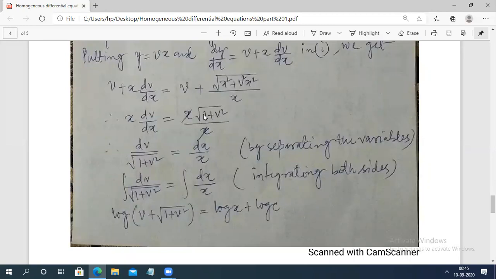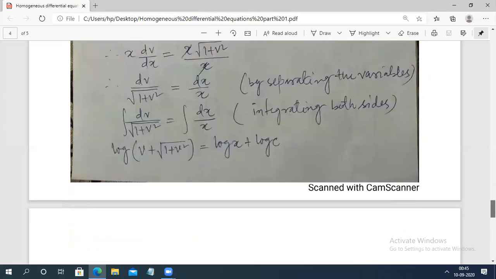So write this root over 1 plus v square in the denominator along with dv, and this x in the denominator along with dx. After separating the variables, it will take the following form: dv by root over 1 plus v square is equal to dx by x. Now since the variables are separated, you can integrate it.